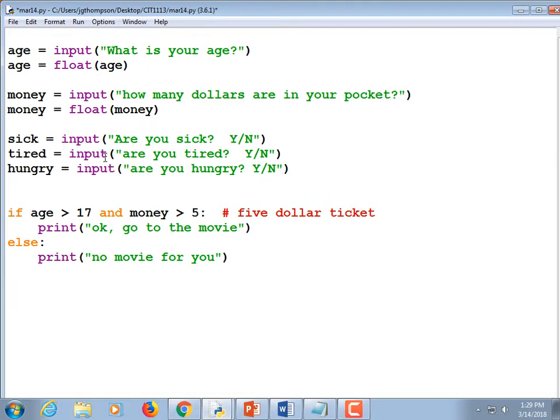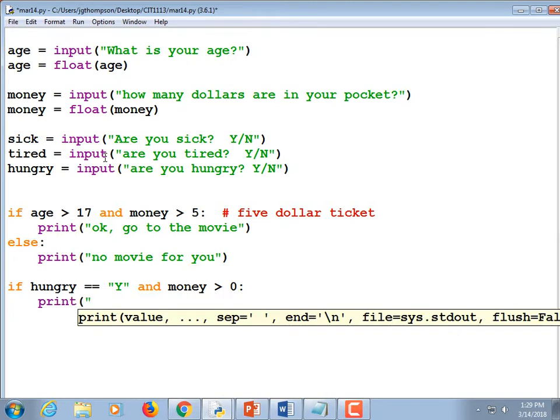Now let's do the money and hungry one. If hungry is equal to y, because that's what we told them to type, and money is greater than 0, we're going to assume that you can go out to eat even if you have 1 red cent.